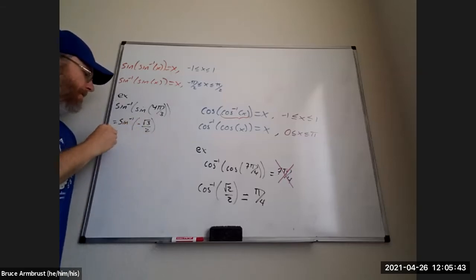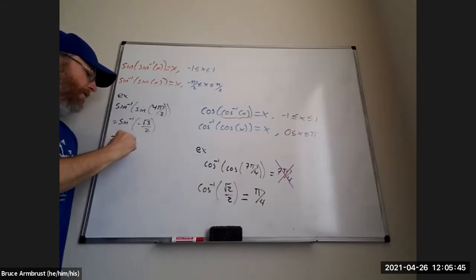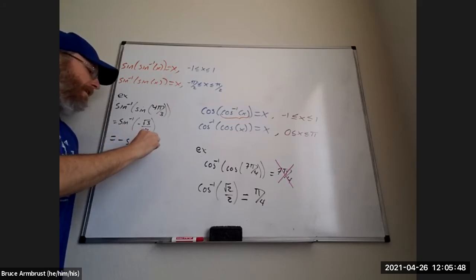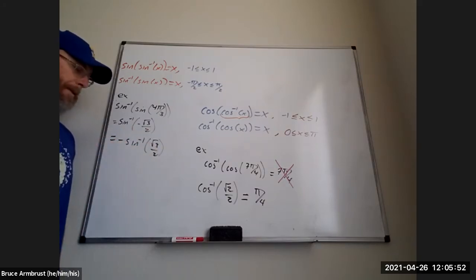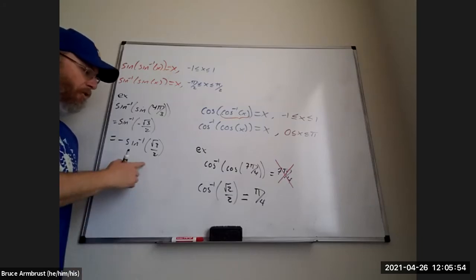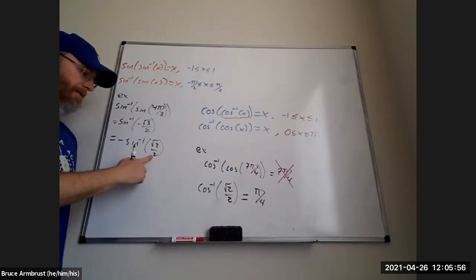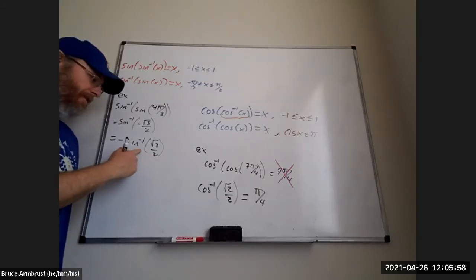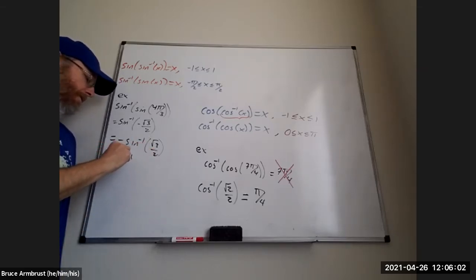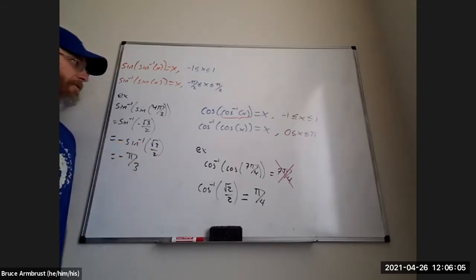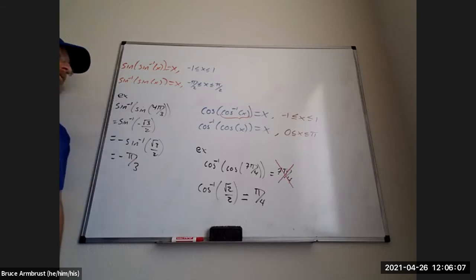Let me remind you of the little trick I told you about putting negatives into inverse sine and inverse tangent. We're going to pull that minus sign out front. So the question is, where in the first quadrant is sine equal to √3/2? Well, that's pi/3. So the inverse sine of the sine of 4pi/3 is minus pi/3.